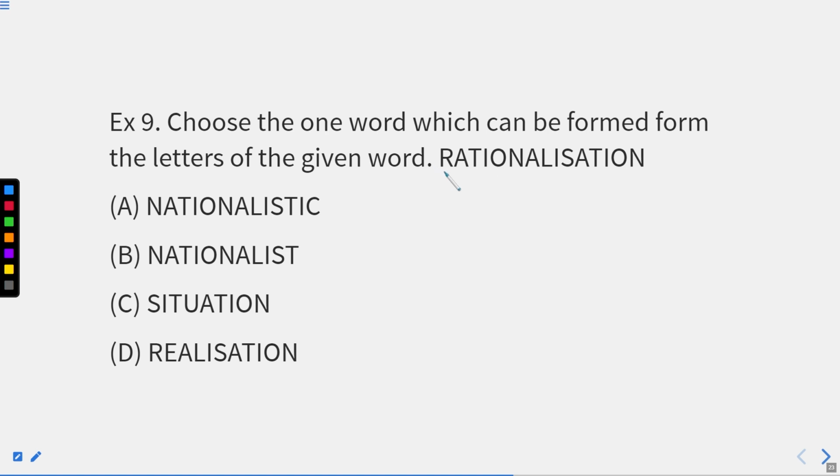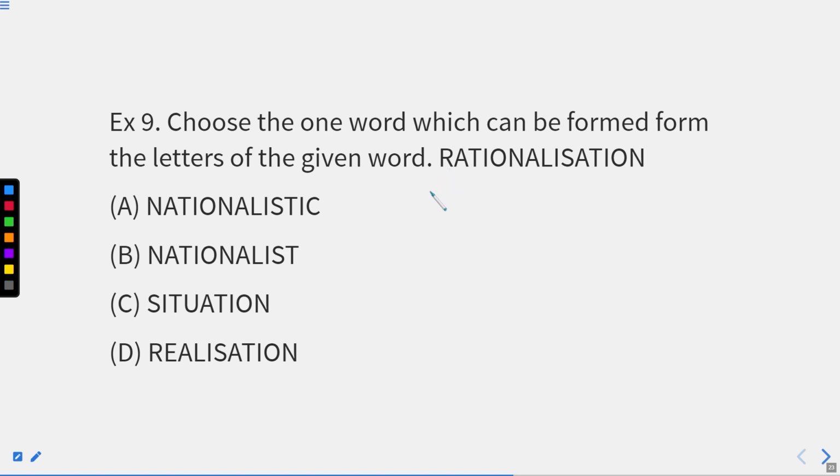Here, look at each and every alphabet very carefully. As soon as you are able to figure out how many letters there are, how many letters are repeated, and how many times they are repeated, you are able to figure out which of the following words can be formed using the alphabets of the word rationalization.